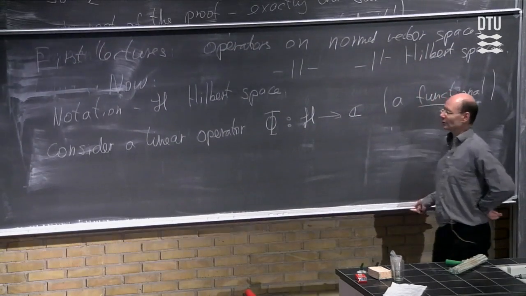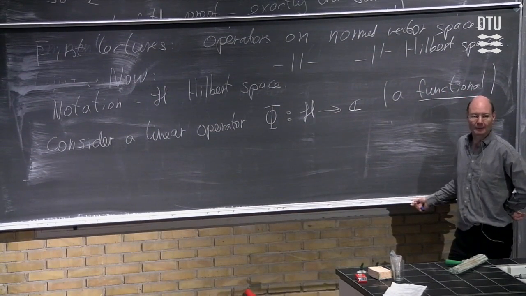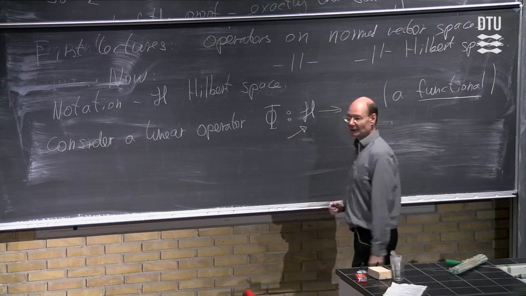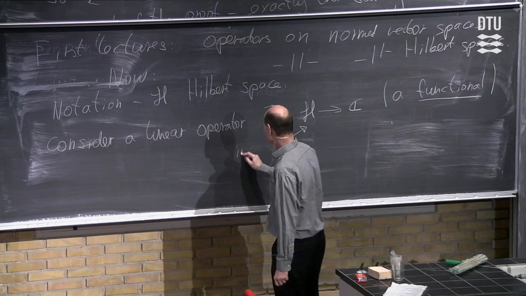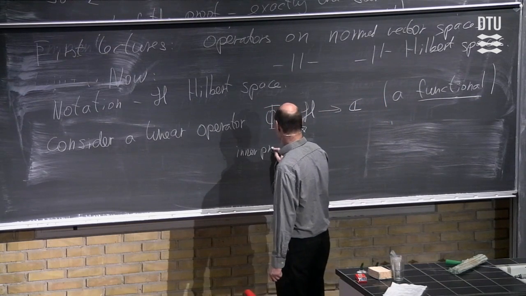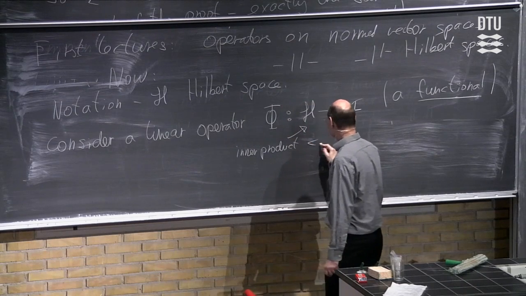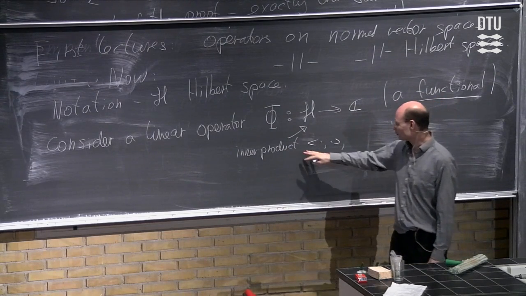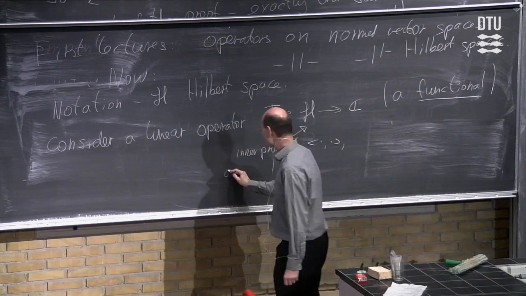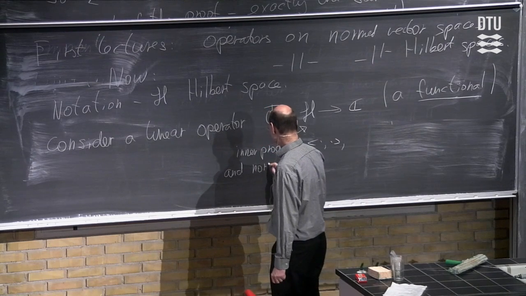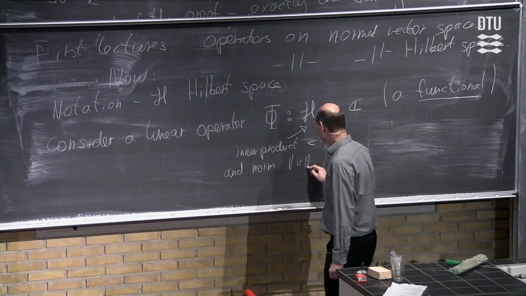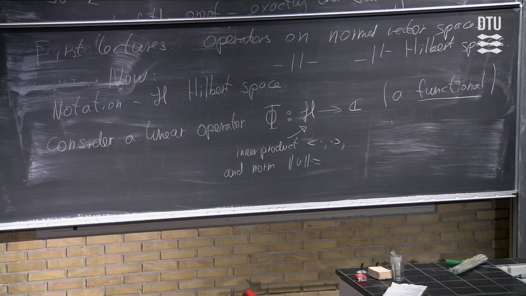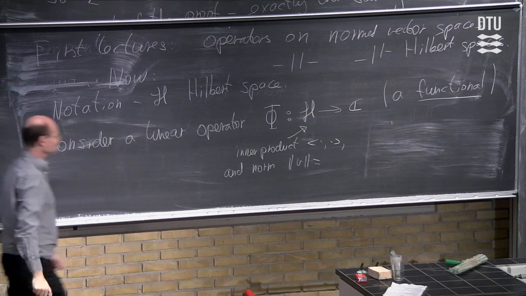We would like to discuss what it means for such an operator to be bounded. So the Hilbert space, by definition, has an inner product. And by definition, we also look at the norm associated to the inner product. So the norm of an element v is exactly as I stated here, the inner product between v and itself to the power a half.